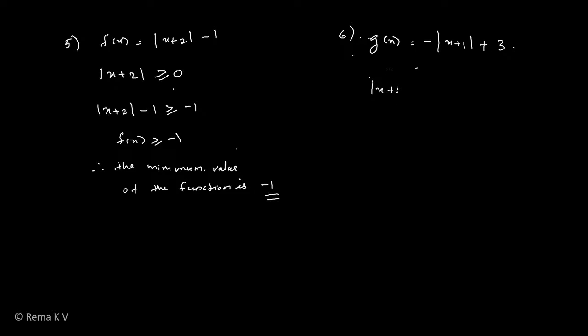Modulus of x plus 1 is greater than or equal to 0. Negative of this modulus x plus 1 is less than or equal to 0. Then minus modulus x plus 1 plus 3 is less than or equal to 3. f of x is less than or equal to 3. So for all x in the domain of definition of this function, f of x is less than or equal to 3.